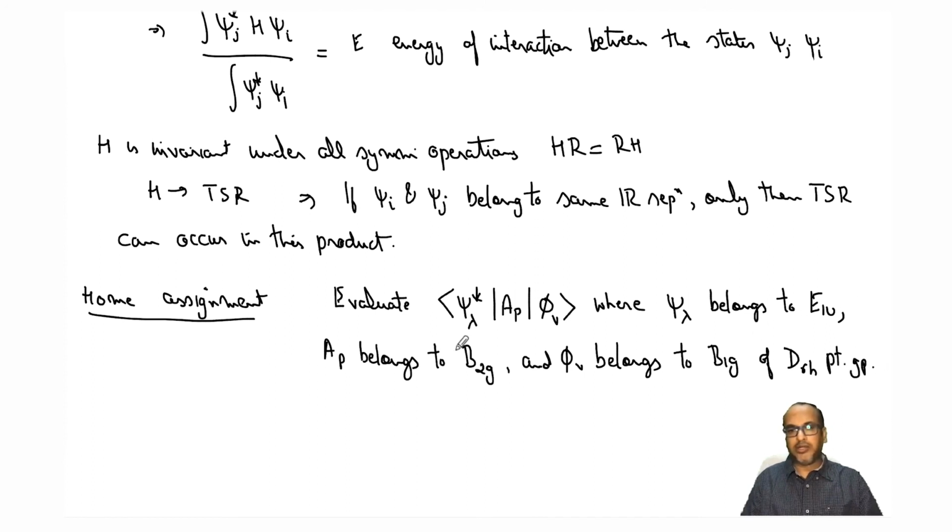So the three representations are given: psi lambda is E1U, AP is B2G, and phi V is B1G.